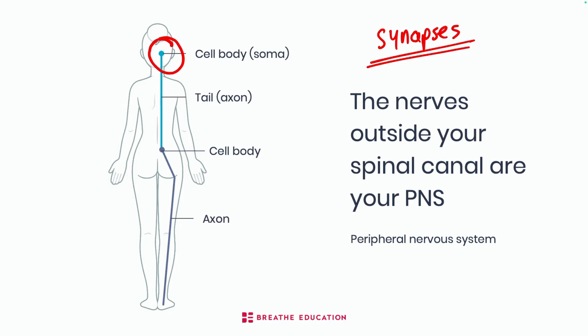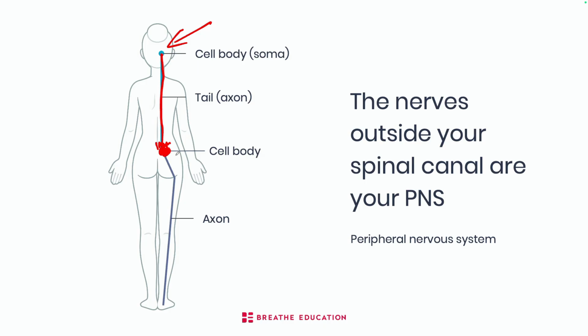And then that peripheral nerve also has an axon, and the axon goes down your leg or to your liver or wherever it goes. And at the end of that, it has nerve endings. So this cell body in your brain has an axon with nerve endings at the end, and those nerve endings connect to the axon of the peripheral nerve. So it's like a daisy chain of nerves.